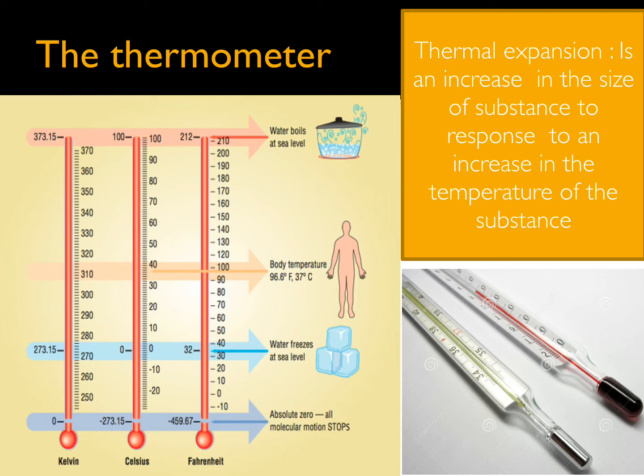So there is more space between them, and the substance expands. That substance could be mercury or alcohol. You should also know that the amount of expansion for each one of these substances is the same at the same temperature. You can say that mercury and alcohol expand by a constant amount for a given change in temperature.